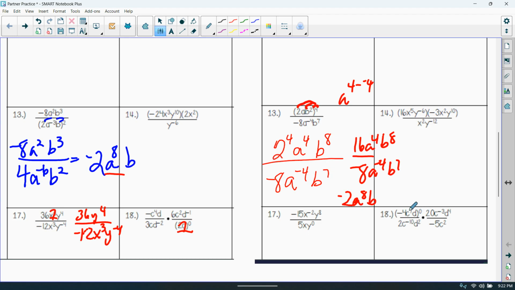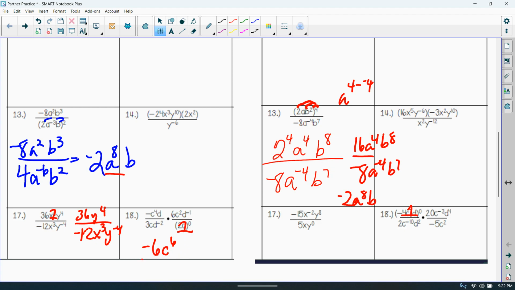This whole thing's to the 0 power, so that's also going to turn into 1. So when we multiply, we're multiplying straight across, and we're going to end up adding our exponents. So this would be a negative 6 c to the 6th power, and when we add 1 to, that's going to become 0, so that's just going to be 1 again.